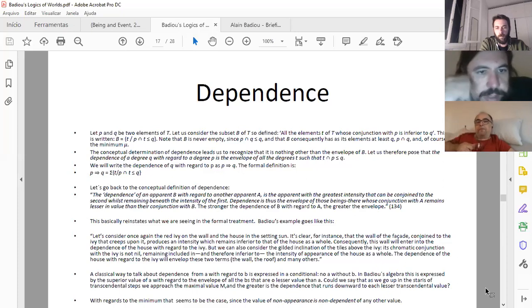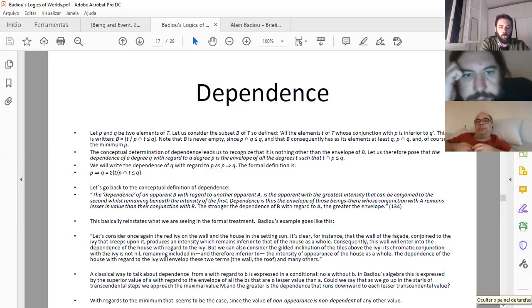The conceptual determination of dependence leads us to recognize that it is nothing other than the envelope of B. Sorry, a message appeared here. Internet connection is unstable.